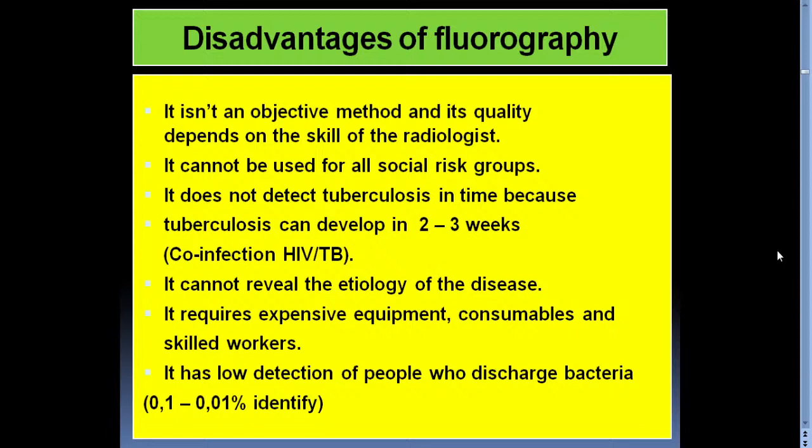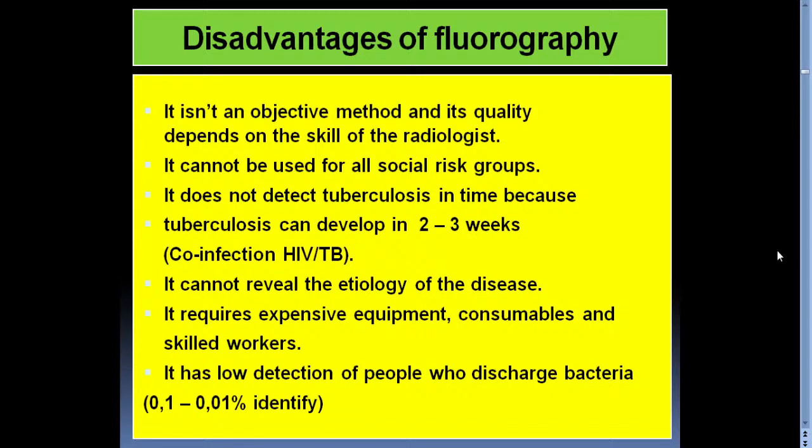Disadvantages of fluorography. It isn't an objective method, and its quality depends on the skill of the radiologist. It cannot be used for all social risk groups. It does not detect tuberculosis in time, because tuberculosis can develop in 2-3 weeks, especially in patients with co-infection HIV plus tuberculosis.